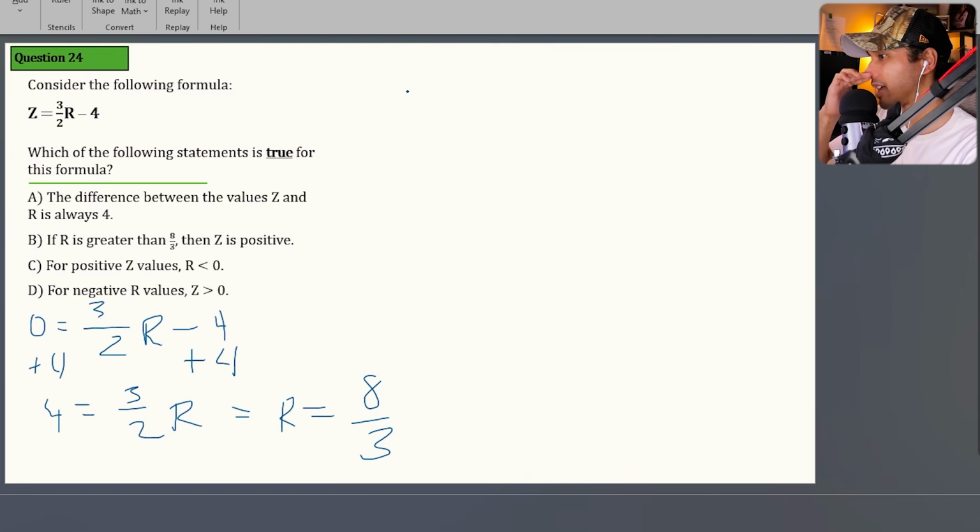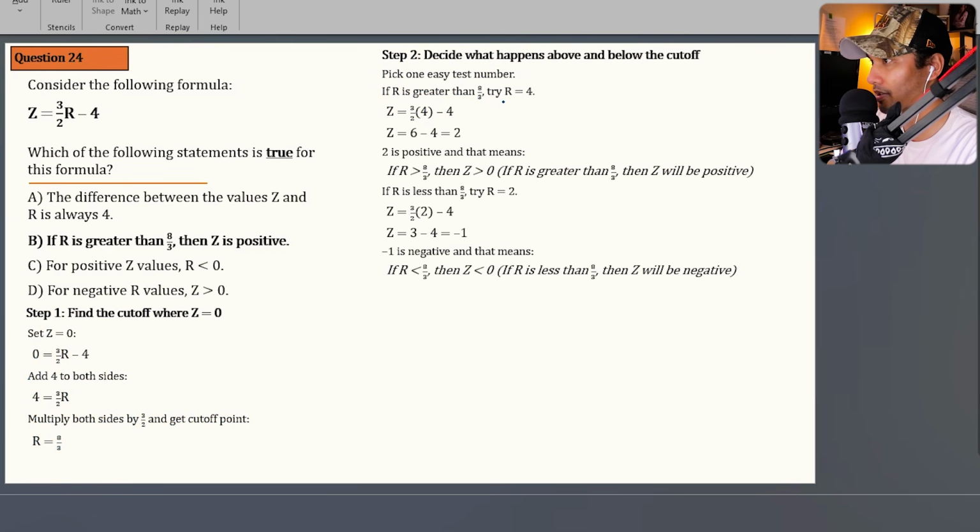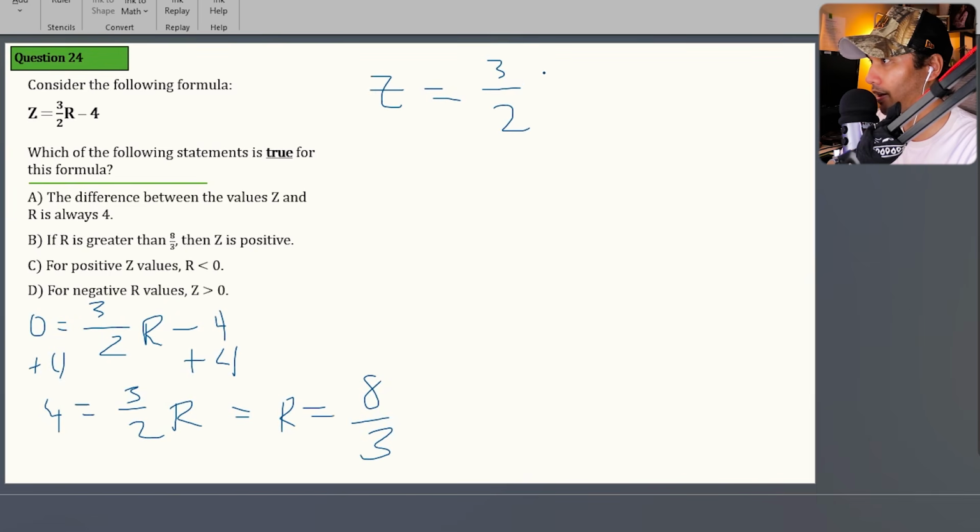So the numbers that I'm going to choose, let's see, we have to do a little bit of math. 8/3 is like 2 and some change. Okay, I'm going to look at the answer choices here. What cutoffs did I use? Okay, I used 4 and I used 2. So I used 4 on here.